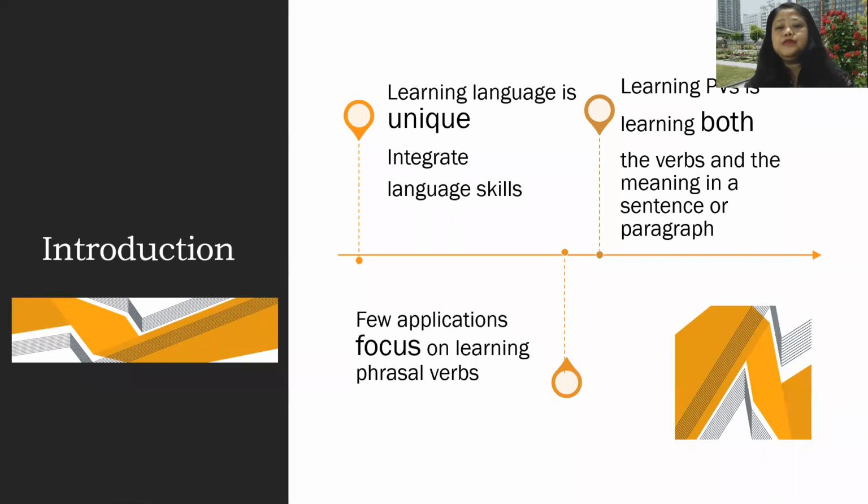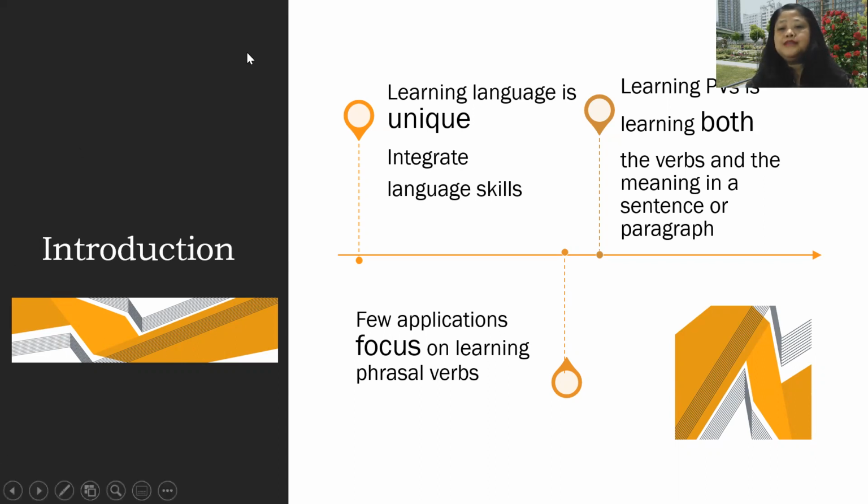As you can see from the introduction here, we have three parts as the background of our research. The first one is that learning language is unique. It means that it integrates all the language skills: listening, reading, writing, speaking, as well as vocabulary and grammar. So we pointed out writing, especially vocabulary and learning phrasal verbs.